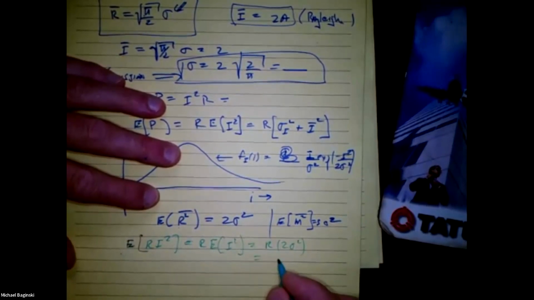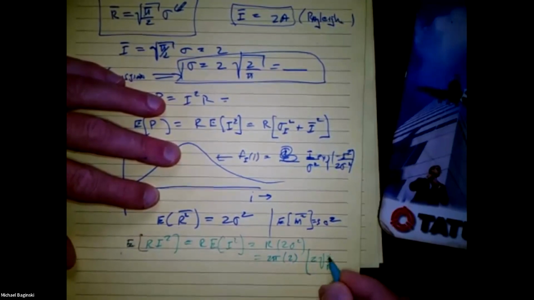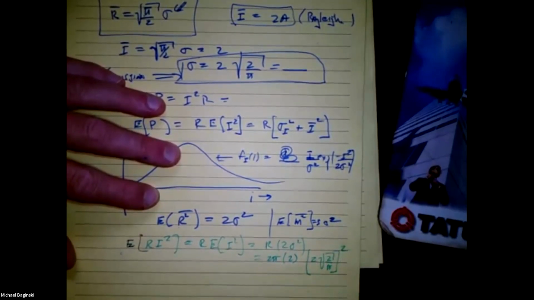So that's going to be 2 times sigma squared, where sigma squared is pi over 2, and R is 2 square root of 2 over pi, squared. That is equal to 4 times 4 is 16 pi, 16 then times 2 over pi, so that's 32 watts, and I think that's yeah, that's 32 watts.